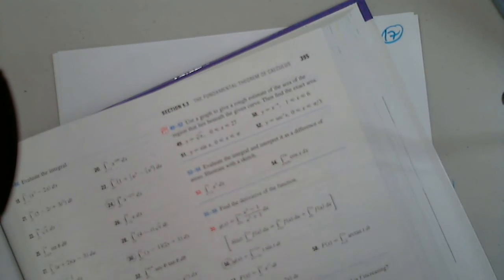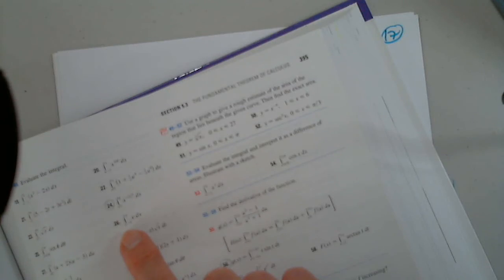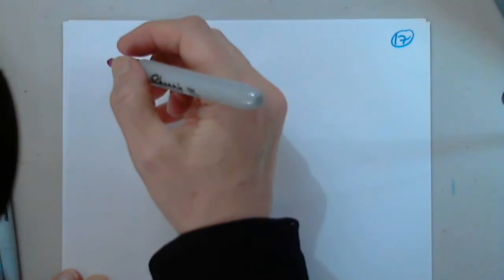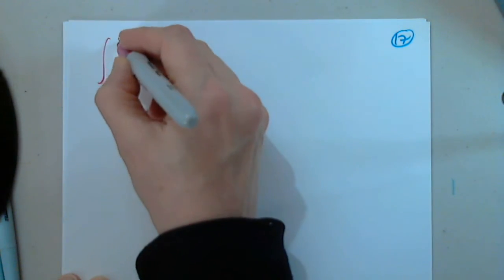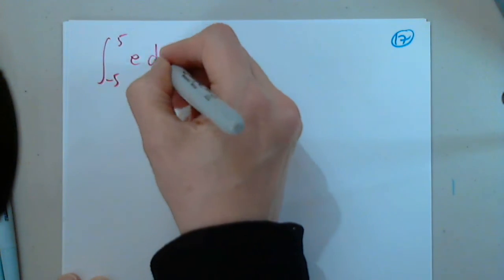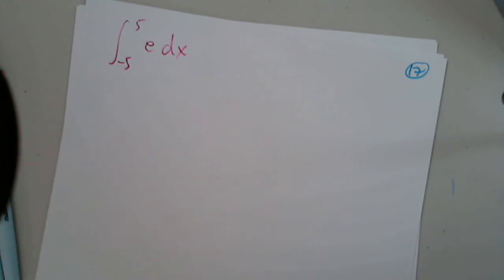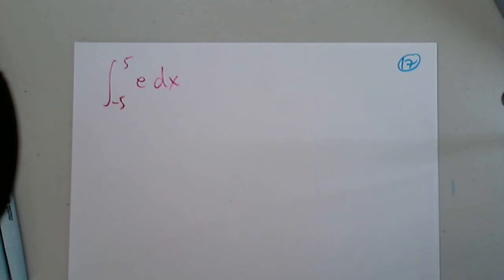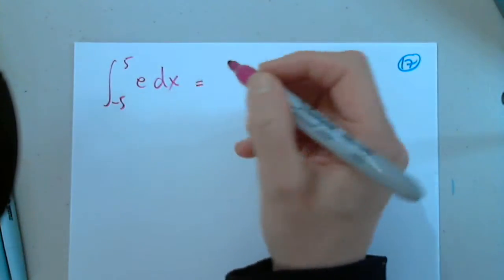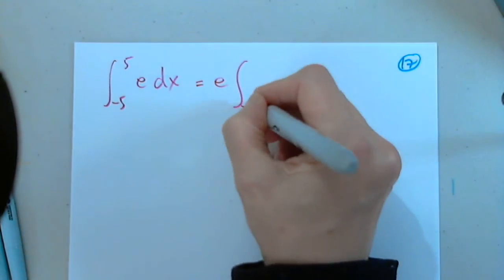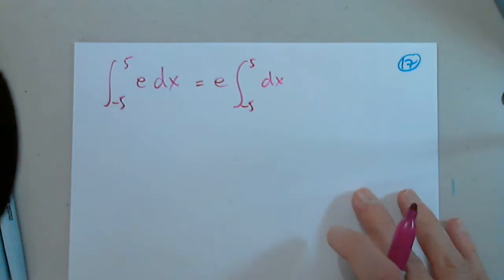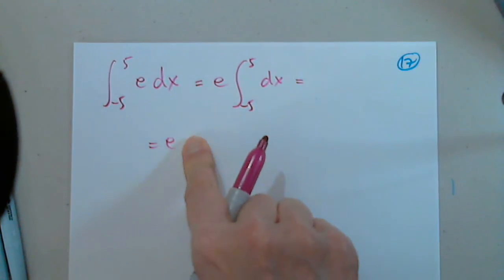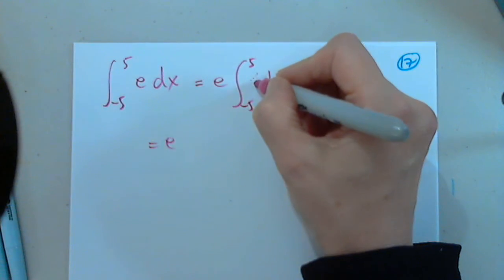Okay, so I would like to choose 26. And 26 has the integral from -5 to 5 of e dx. And you can say, what does this mean? No problem. This is a constant, right? It's e times the integral from -5 to 5 dx. So now we need to determine which function has derivative 1, because there must be something in here.